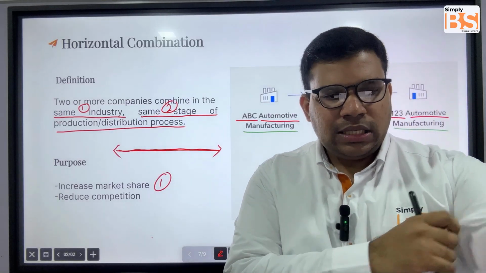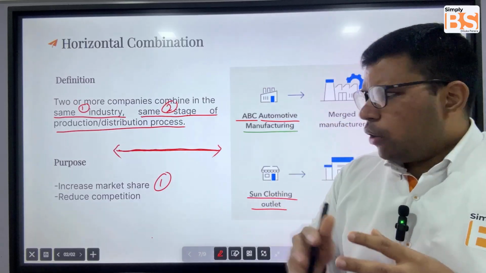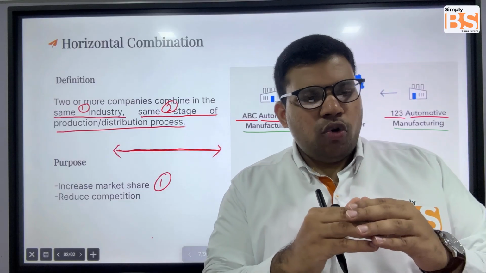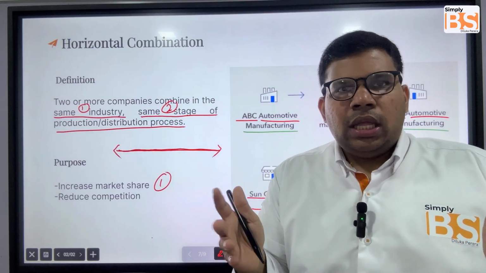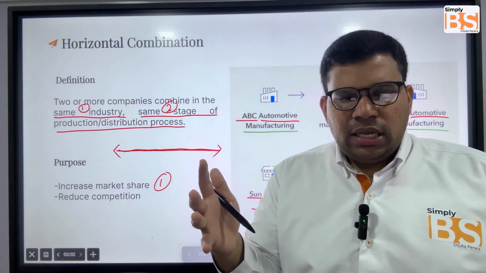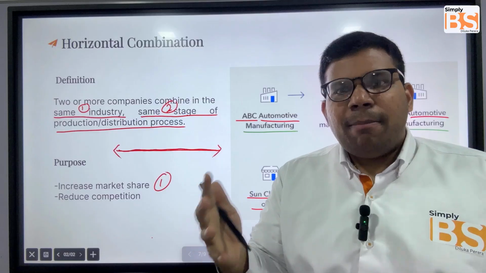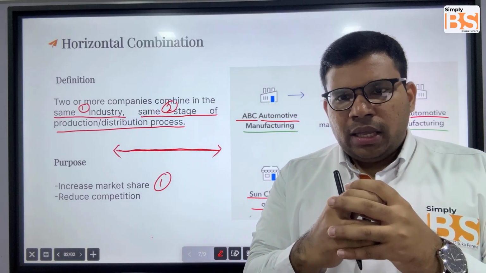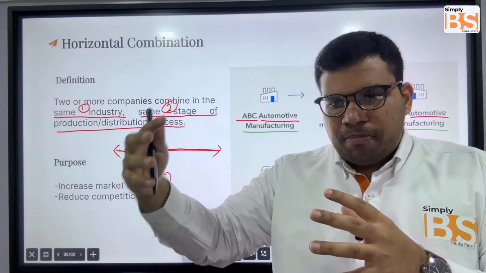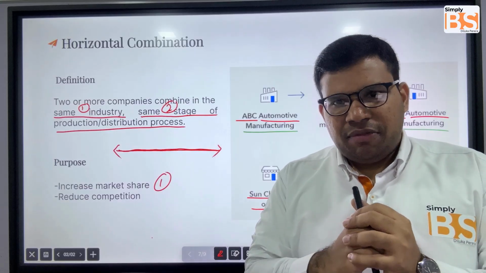Why? Because now you all have a very good understanding of horizontal combination: two or more companies in the same industry combining together, and very specifically fulfilling the same business activity.